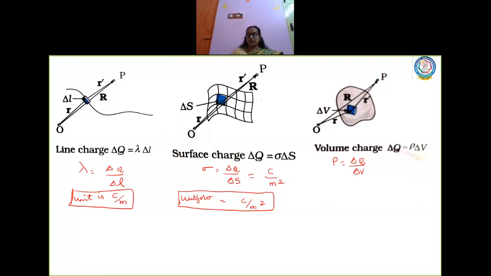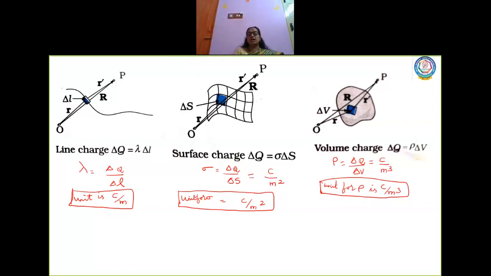So rho is del Q by del V, and what will be the unit here, children? It is coulomb by meter cube. So the unit for rho is coulomb per meter cube.